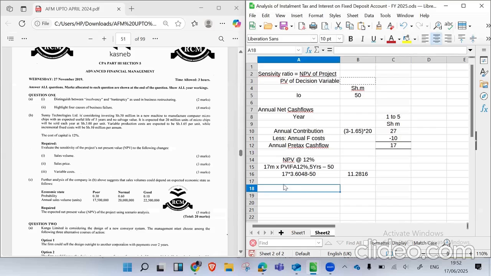So we start with number one, the sales volume.